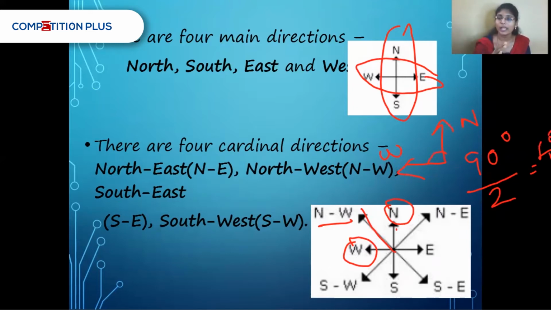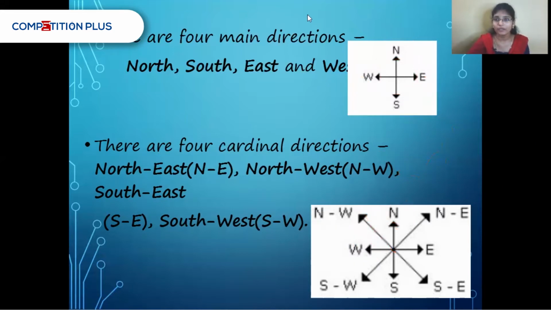In a similar way, when comparing north and east, it is northeast. When comparing south and east, southeast. When comparing south and west, it is southwest. So these are the other four cardinal directions. Totally we have 8 directions, and these 8 directions are a must. You should not have any doubt in this.